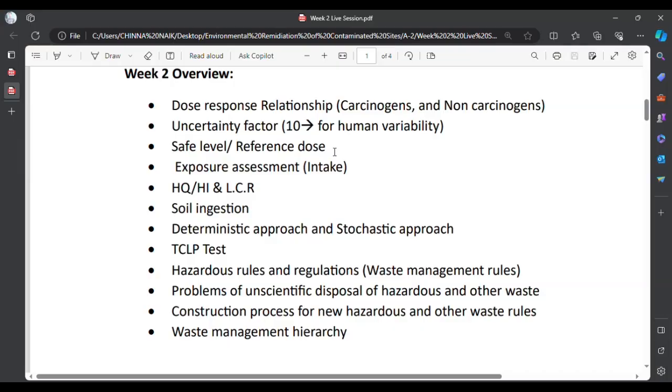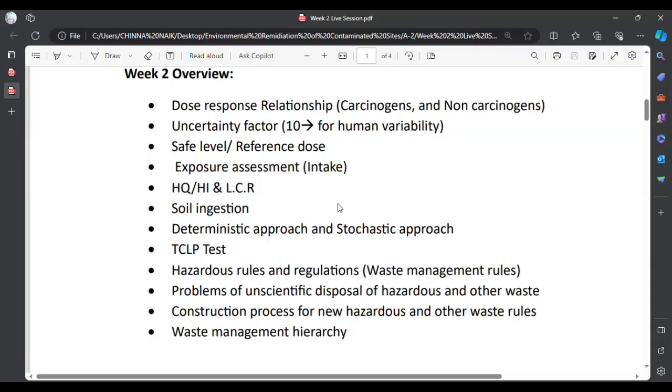We draw the curve of dose versus severity, dose on the x-axis and severity on the y-axis, for carcinogens and non-carcinogens.